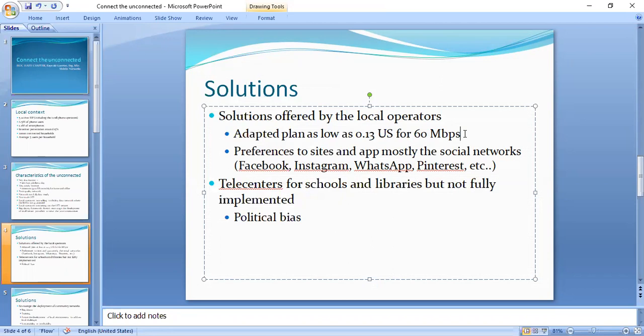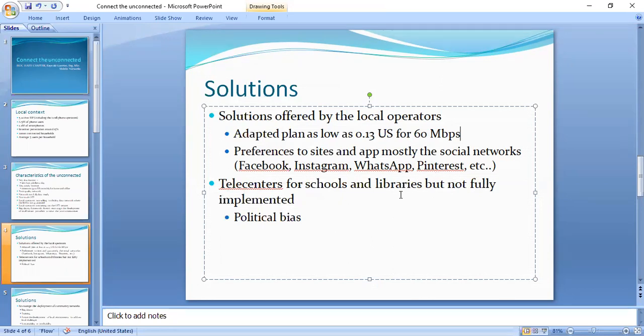Some other solutions were implemented by the government in the past, with a program called Scholarly Tech. It was basically telecenters for schools and libraries.